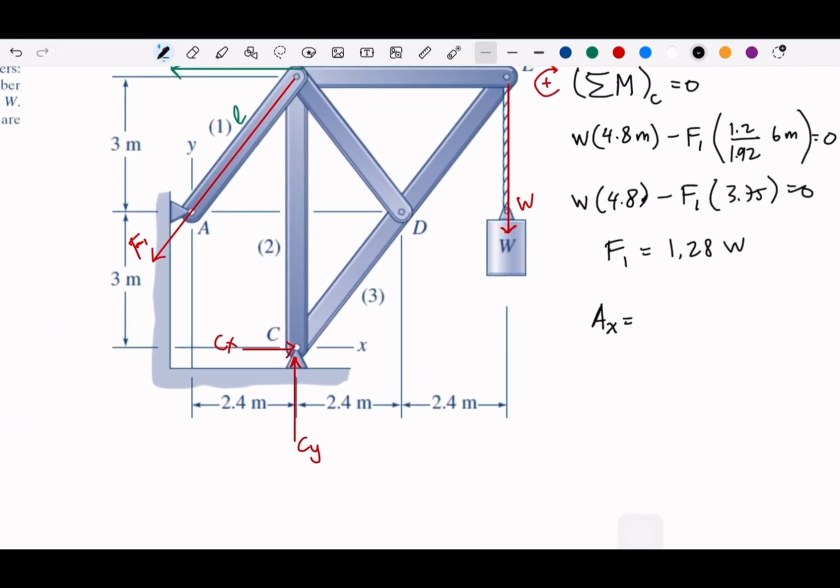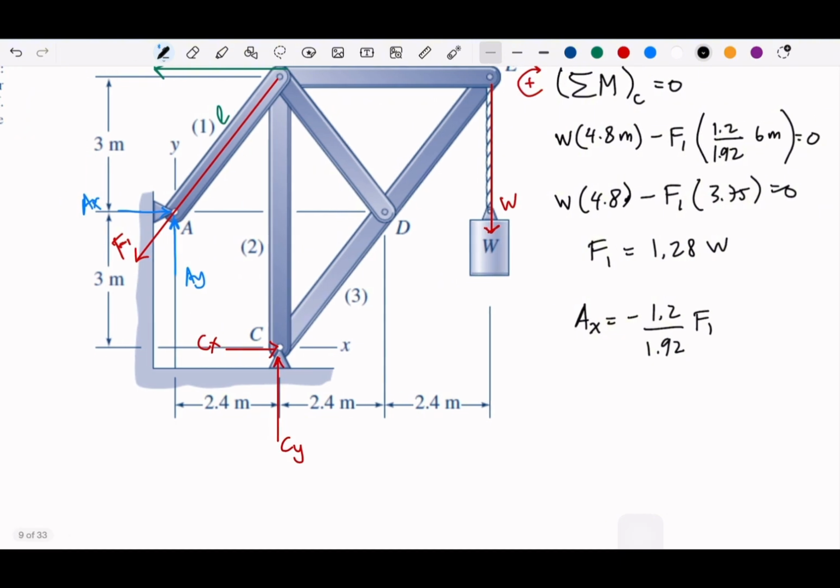So AX is obtained from 1.2 over 1.92 times F1, or around 0.8 W, and AY.